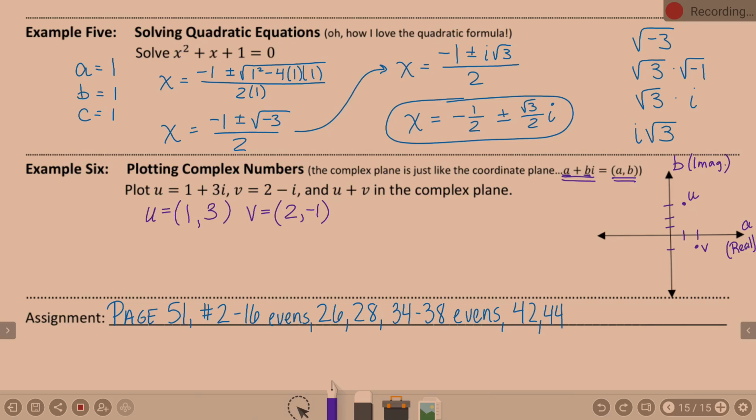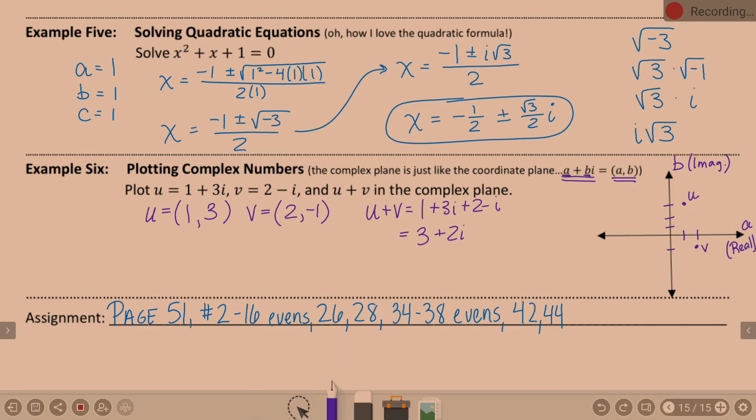And then the other thing we're asked to do is plot u plus v. How do I plot u plus v? Add 1 plus 3i plus 2 minus i. 3 plus 2i. 1 plus 2 is 3. 3i minus i is 2i.